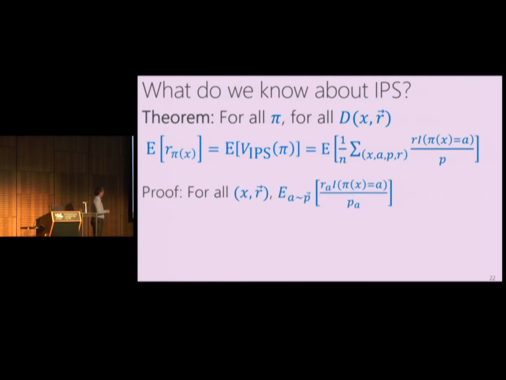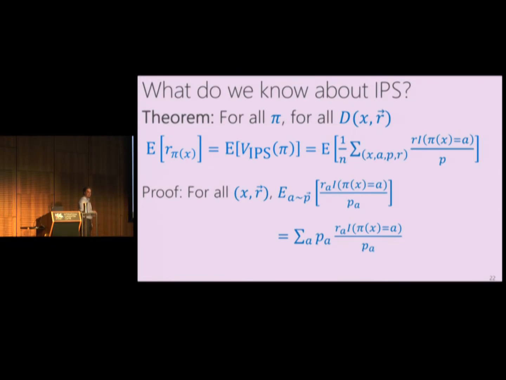We can prove this very easily. For every choice of features and reward vector, we have an expectation remaining over the randomly drawn action, because we're randomizing over the action. I'm going to decorate the reward with the associated action and the probability with the associated action. Then an expectation is really a sum over the elements of the probability of the element times the thing inside.